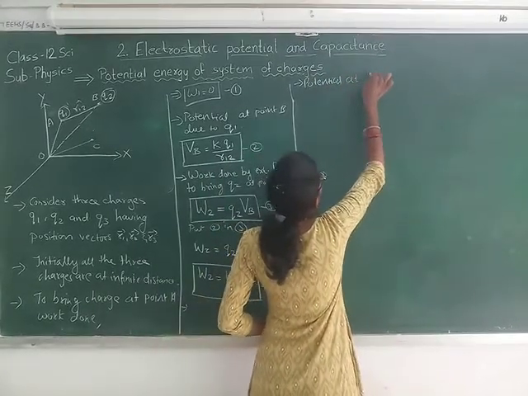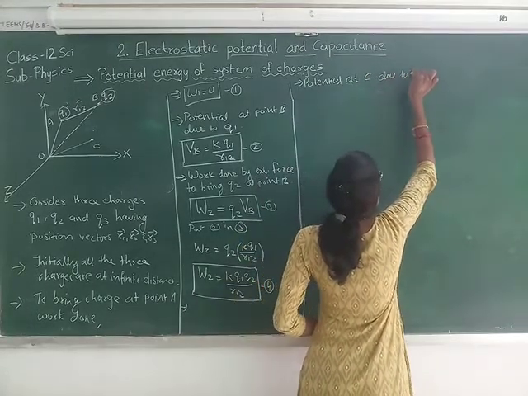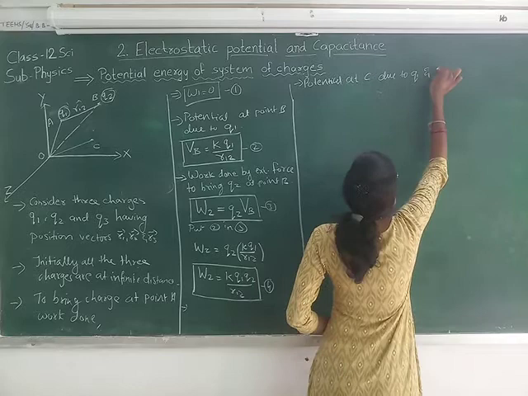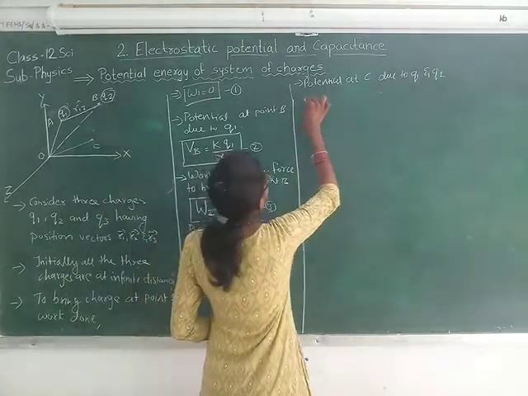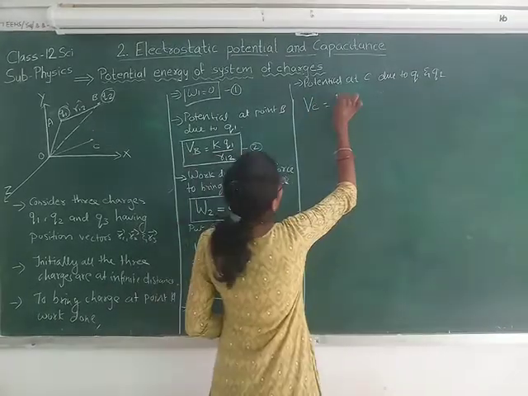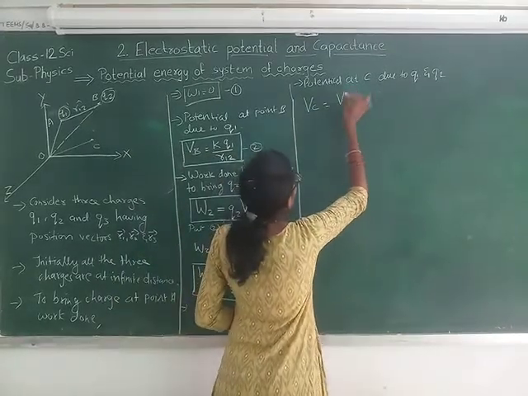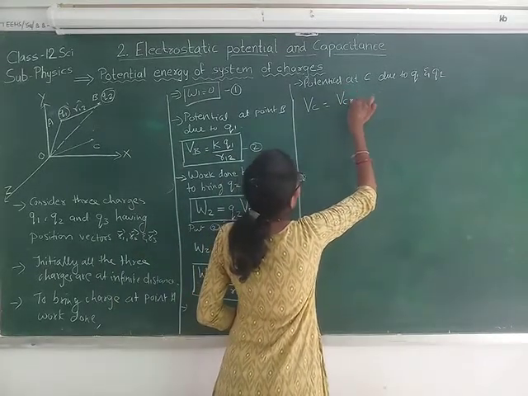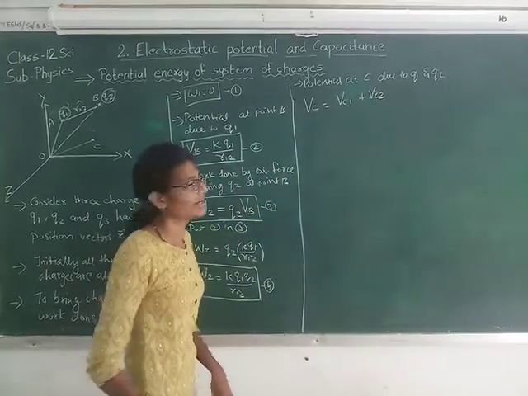Potential at C due to Q1 and Q2. That will be what? Let us say potential at C, that is potential at C due to Q1 charge, potential at C due to Q2 charge, right?